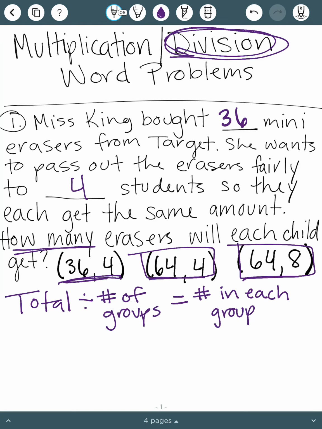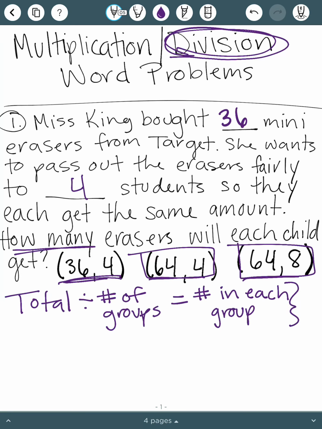So this is displayed in my classroom, and they are usually pretty good at identifying how many do we have, which is 36, and then do we know the number of groups, or do we know how many is in each group? That's where I always tell them to start. This is going to give them their division equation.